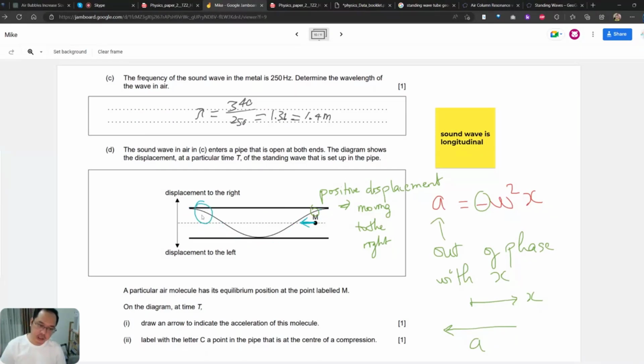At the point M, the curve is on the top side above this horizontal dashed line, meaning it has a positive displacement, meaning the particle is displaced to the right. And therefore, according to this formula, the acceleration is in the opposite direction to the displacement, and therefore the acceleration is to the left.